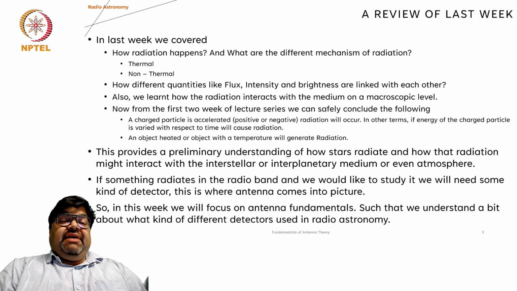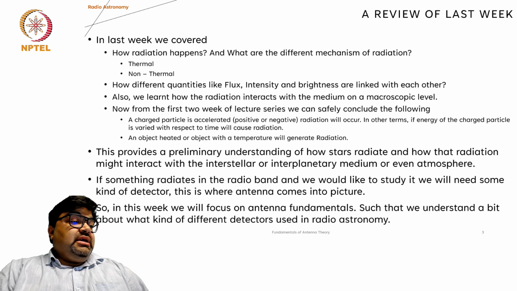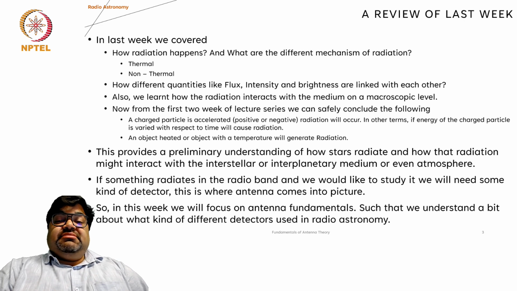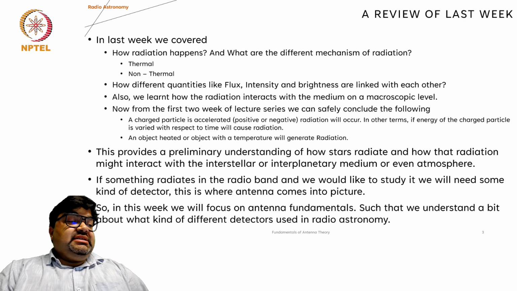So we have to try to make a detector which is not only sensitive but also has the efficiency to detect and absorb radio waves at a particular wavelength. This week we'll focus on antenna fundamentals and different kinds of detectors used in radio astronomy.